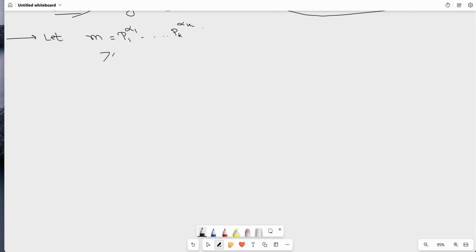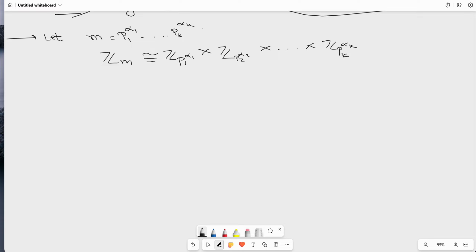Then Zm is isomorphic to Z(p1 to the power alpha 1) cross Z(p2 to the power alpha 2) cross, this is a Cartesian product, dot dot dot cross Z(pk to the power alpha k), right?